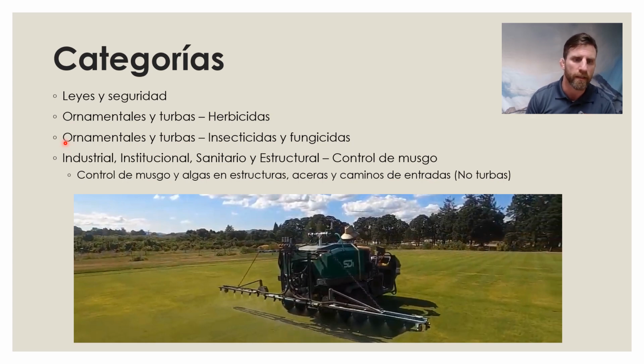It's going to be the ornamental and turf herbicide category, the ornamental and turf insecticide and fungicide category, and then there's also an industrial, institution, health, and structural moss control category, which is for moss control and algae on structures, sidewalks, and driveways, not turf grass.